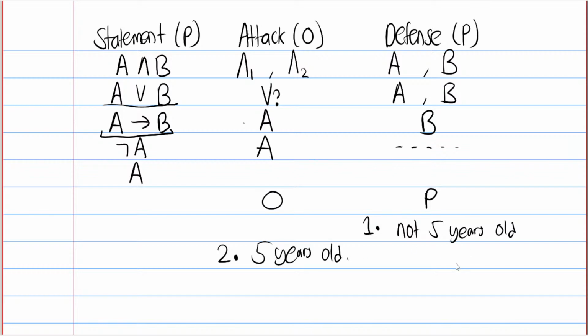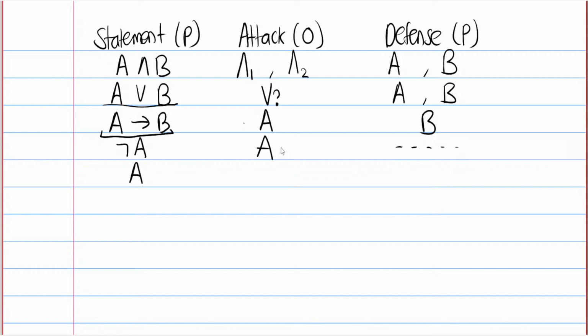And then the opponent just wins because we don't have a defense over here. That means any statement of this form just instantly loses because P runs out of moves. P can't defend themselves. That's why this seems hard to understand, but you'll figure it out later with examples and stuff.